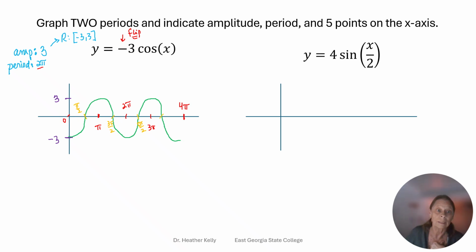And finally, 7 pi over 2. Notice I didn't do any calculations or whatever. I know what the odd multiples of pi over 2 look like. So if I was to draw out 4 periods here, we could just go right along and write down what all those values are. Okay? Awesome. Let's do another one.